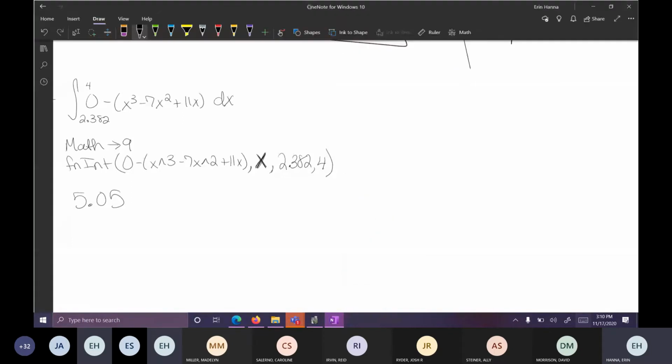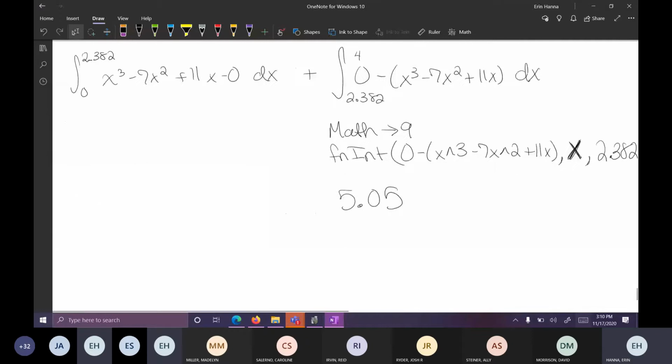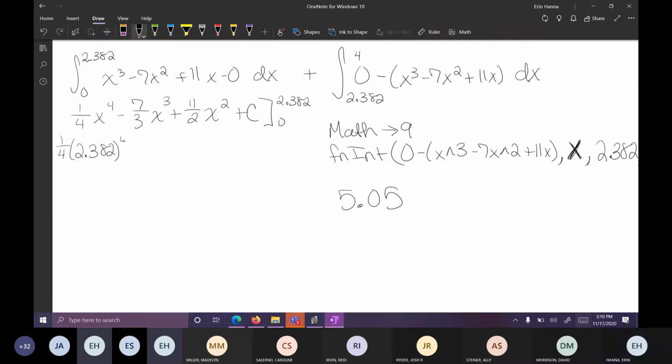If you were to do this by hand, let me do the first one a bit more by hand. You would have to find the antiderivative. So this would be a bunch of essentially anti-power rules. Add 1 to the power, divide by the new power. And don't be like me and keep dividing by the wrong power. And then remember, when we're doing these by hand, you still kind of use your calculator. You take the top bound, plug it in everywhere you see an X. I'm going to massively run out of space.